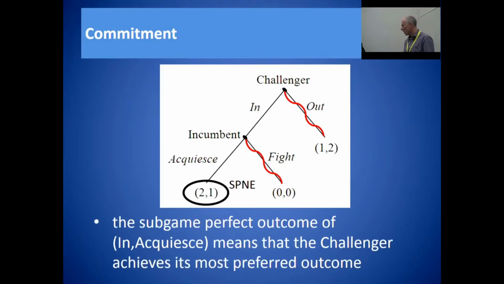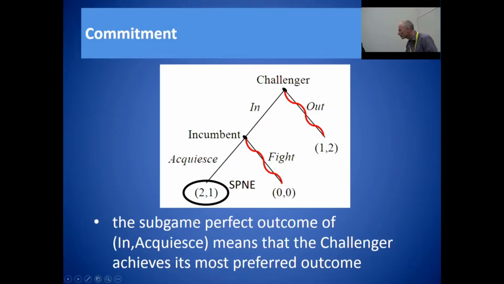And so our subgame perfect outcome of in, acquiesce, as we identified before, means that the challenger gets his most preferred outcome. This is the part now where I'm going to start bringing it round to that idea of commitment. So that's our subgame perfect outcome. We showed that before, identified by the process of backwards induction.